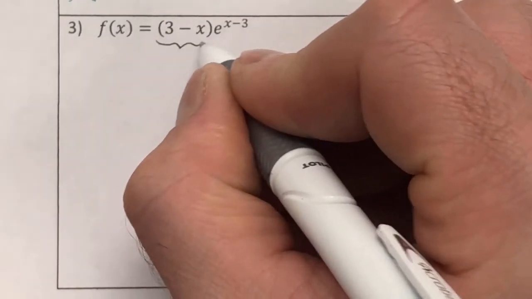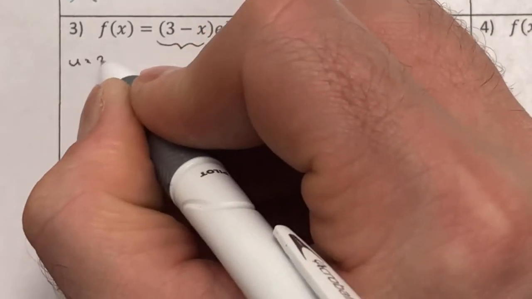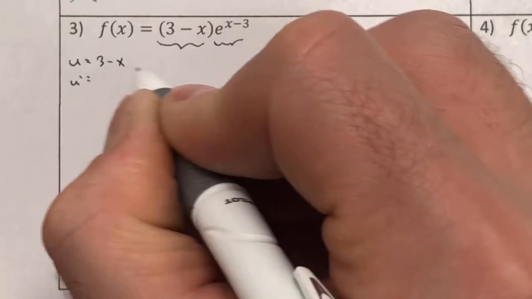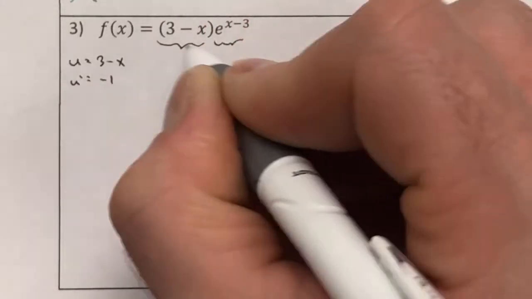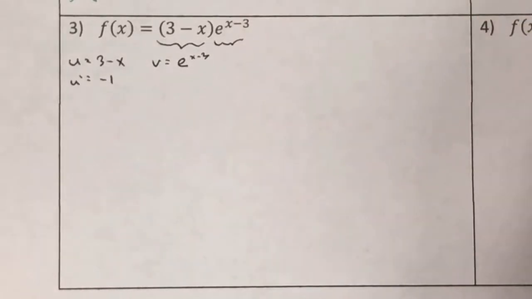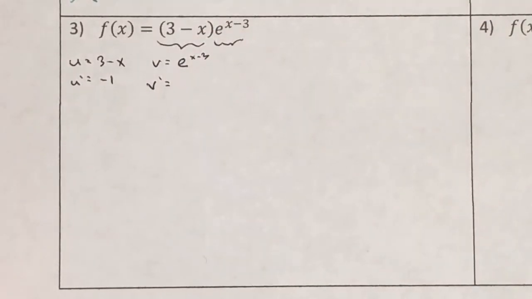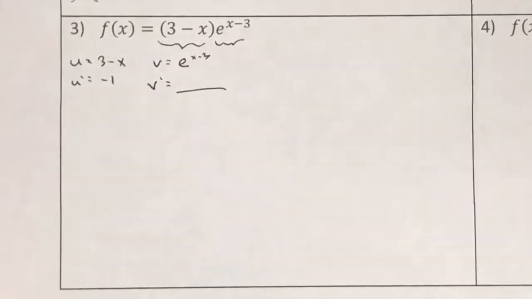So this looks like a u-v function, so we can do a product rule. If my u is 3 minus x, u prime is negative 1. If my v is e to the x minus 3, my v prime is going to be, okay, let's do a routine. Let's do the routine in blue.